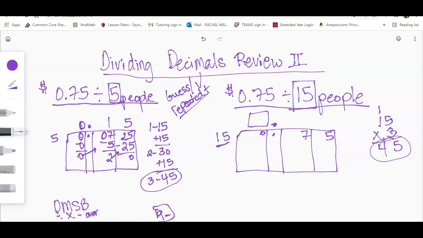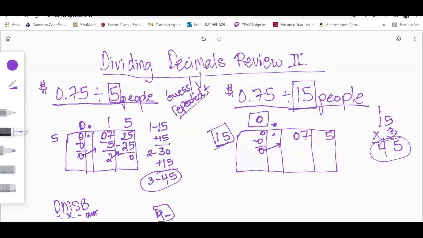Coming back to this, I have 75 cents and I need to share it between 15 people. There's no dollars, so I cannot share dollars. So I do all my subtracting and everything, and I bring this over. Again, I'm with my 7 dimes.